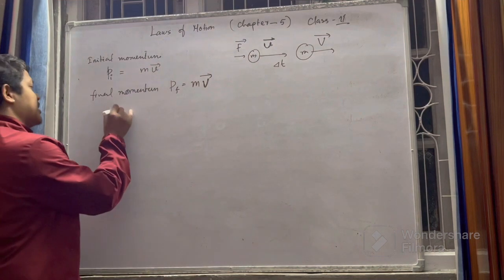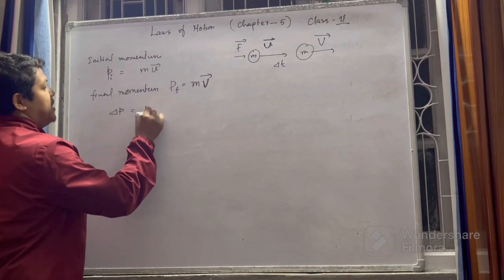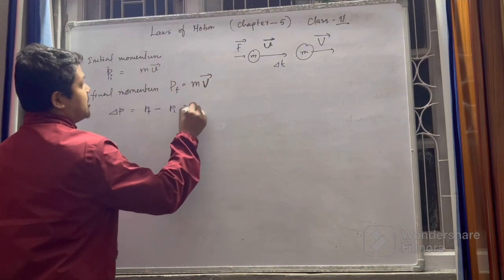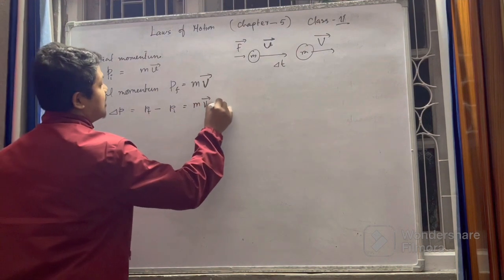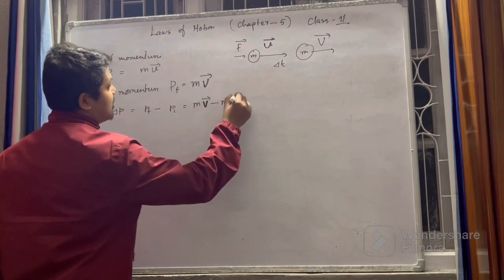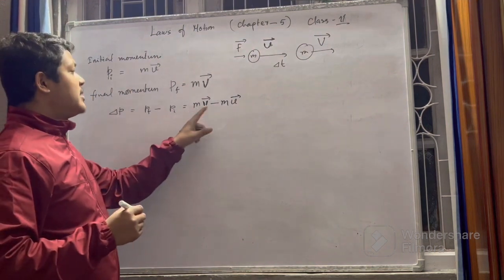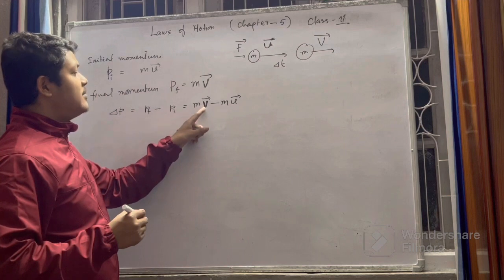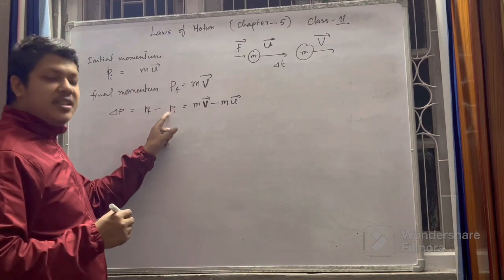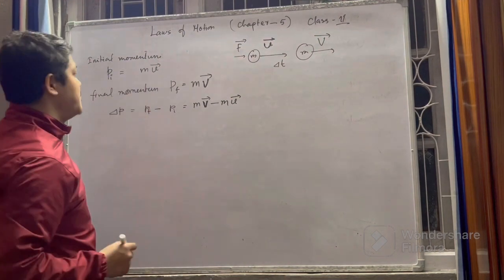So change in momentum, written as del p, is equal to final momentum pf minus initial momentum pi. That's going to be equal to m into v minus m into u. Mass into final velocity gives final momentum, mass into initial velocity gives initial momentum, right?